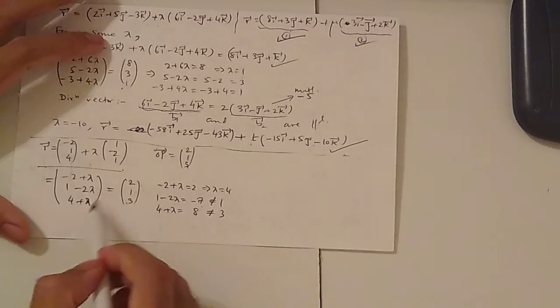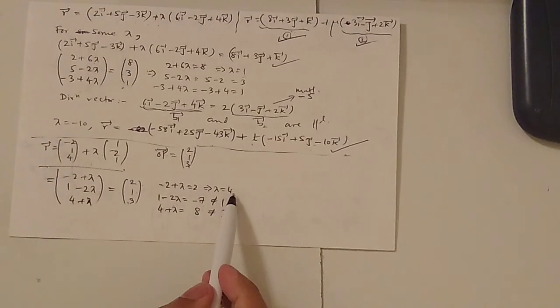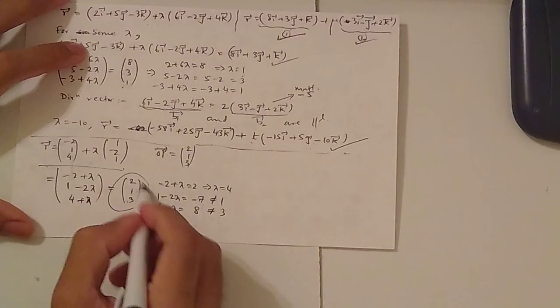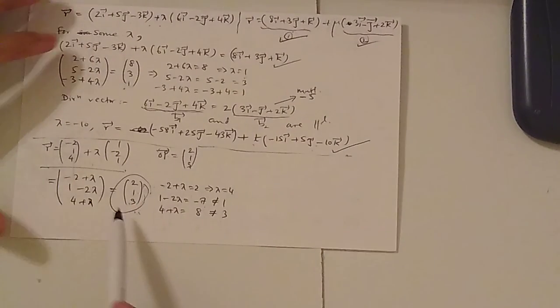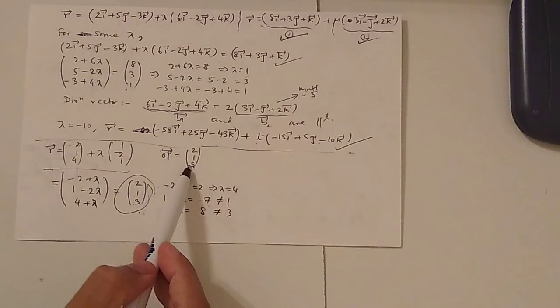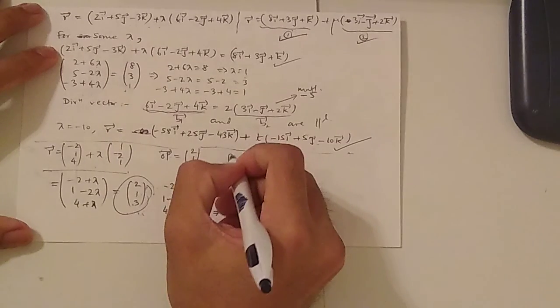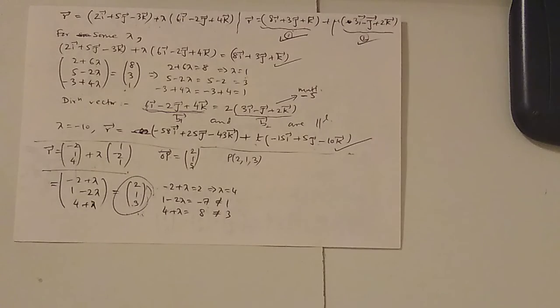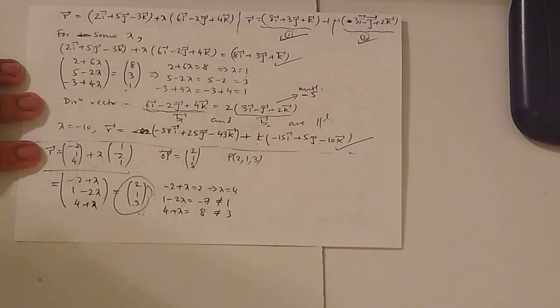So lambda equals 4 does not satisfy the entire equation, and thus this position vector does not lie on this vector equation. In other words, point P having coordinates 2 1 3 does not lie on this line that is represented by this vector equation.